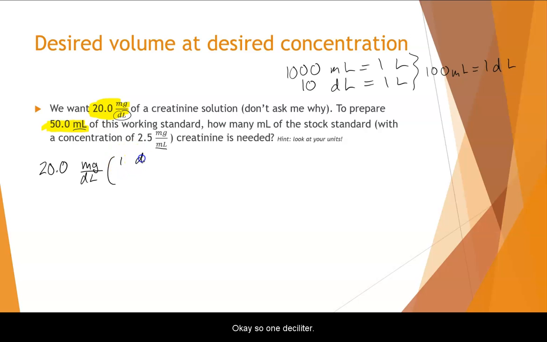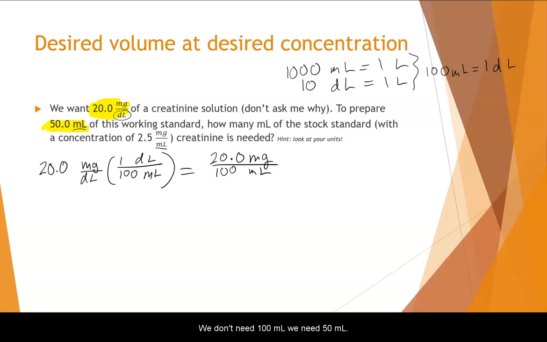Okay, so 1 deciliter, 100 milliliters. So multiplying that fraction together, we end up with 20.0 milligrams per 100 milliliters.